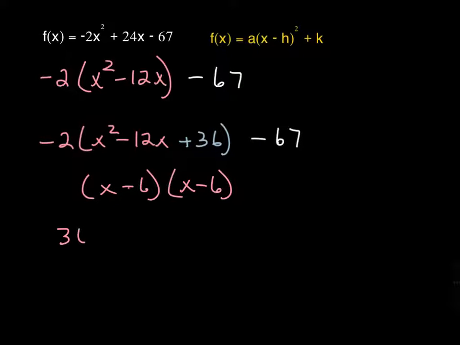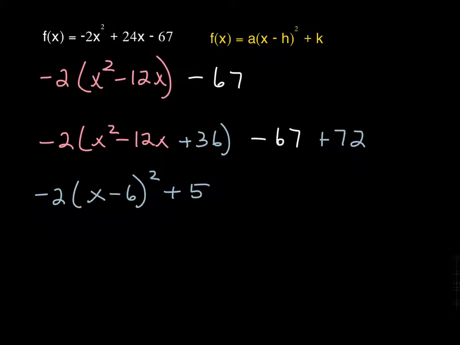Well, I just did 36 times negative 2. When we multiply 36 times 2, we get 72, but a positive times a negative gives us a negative 72. So we've changed this side by negative 72, which means we've got to change this side by a positive 72. So we have to add 72 over there to keep the equation the same. We cannot change the value of this equation.